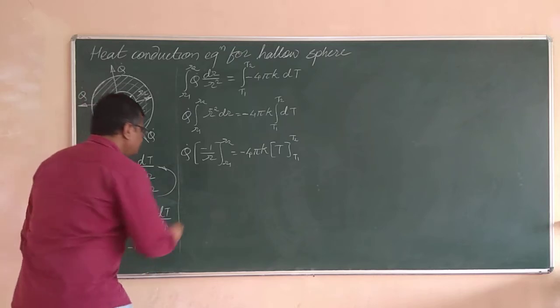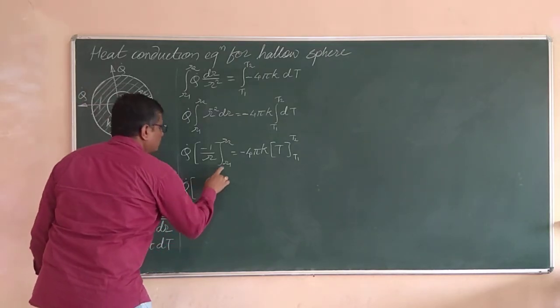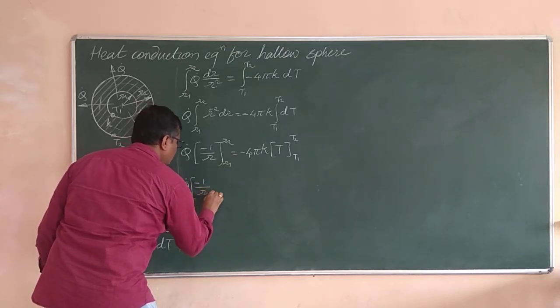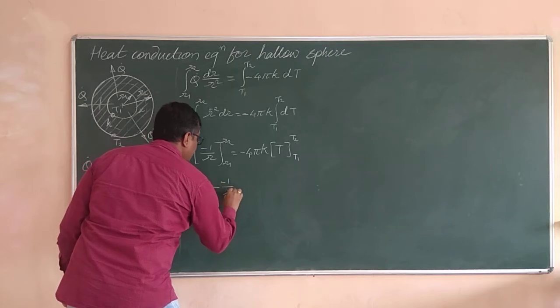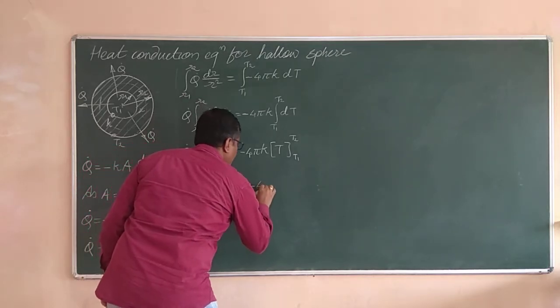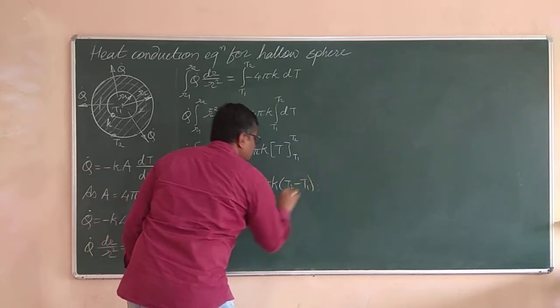Well, put down the limits then. If I substitute the limits, Q dot into upper limit minus 1 divided by r2, minus lower limit minus 1 divided by r1, equals minus 4 pi k into the limits T2 minus T1.